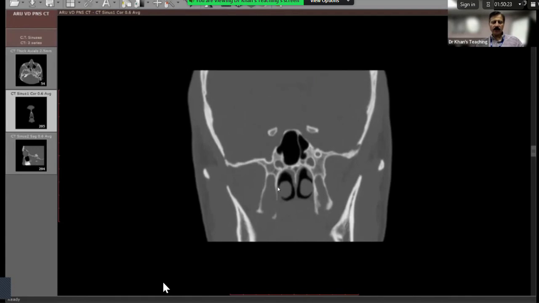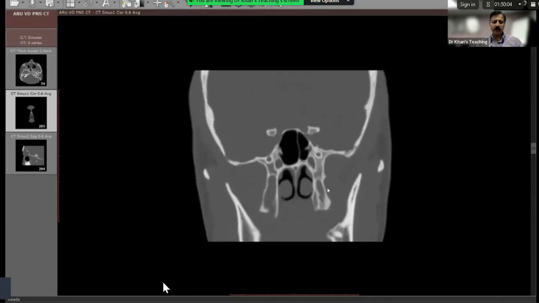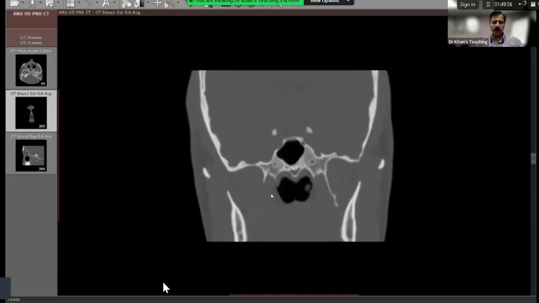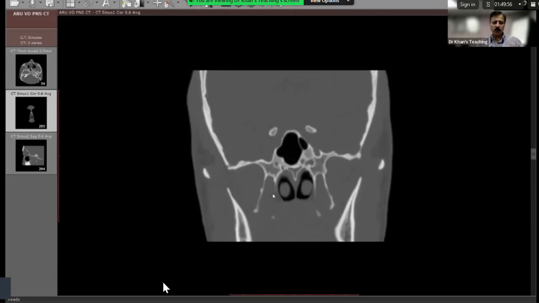If the pterygoids are fractured, that will fit in with the criteria for Le Fort injury. So remember, Le Fort injury is Le Fort 1, 2, and 3, and I'll show you cases. And in each of them, one of the prerequisites is that the pterygoid has to be fractured, either unilateral or bilateral. So these are the pterygoid plates of the sphenoid.